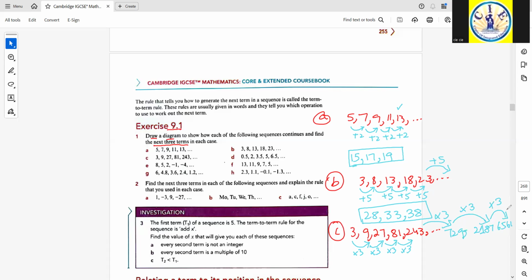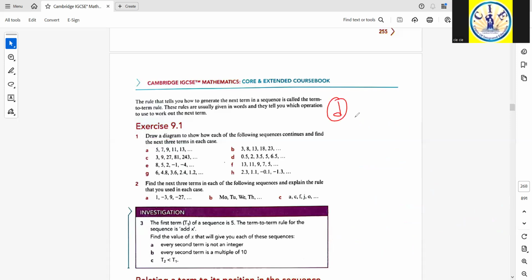Then for part D, for example, 0.5, then 2, then 3.5, then 5, then 6.5, and so on. We observe the similarity that is being applied is adding 1.5 to 0.5, you get 2. Then adding 1.5, we get 3.5. Adding 1.5, we get 5.